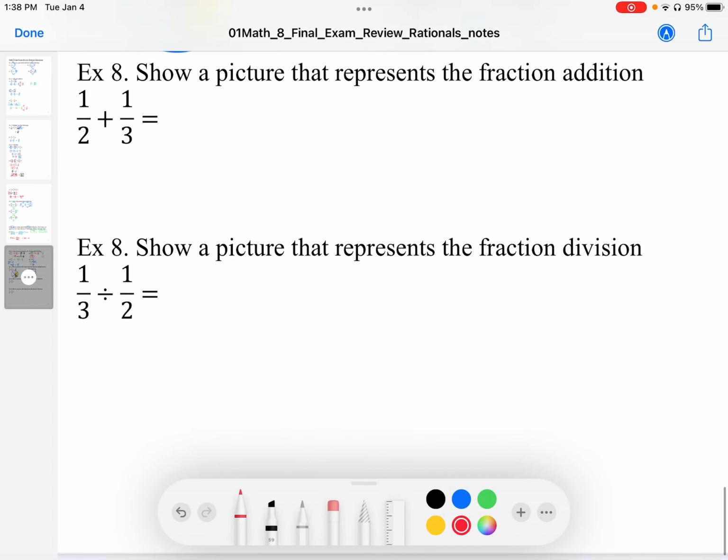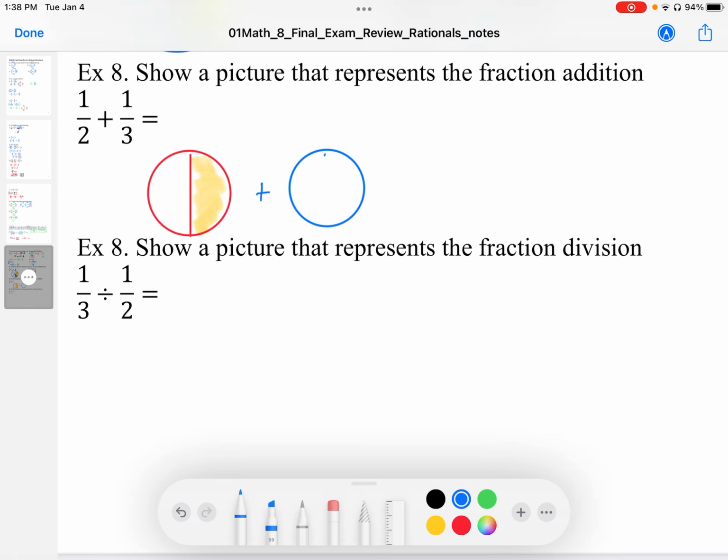For fraction addition, we need to use a different concept here. We want to get a common denominator. Okay, so fraction addition, if I want to have 1/2, I can start with my 1/2 fraction. I have my 1/2 fraction to start with, and I'm going to add that to my 1/3 fraction.